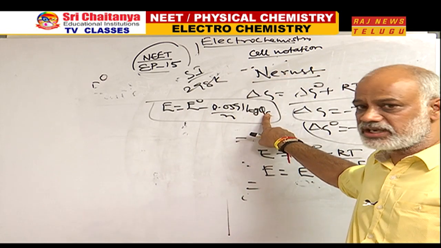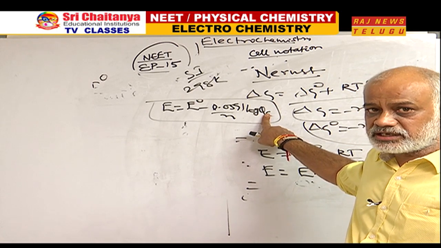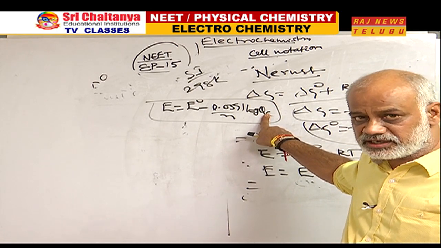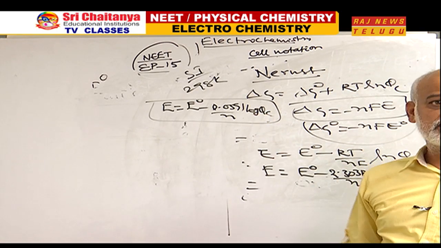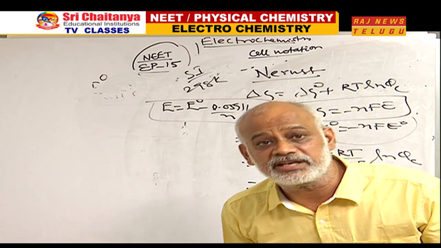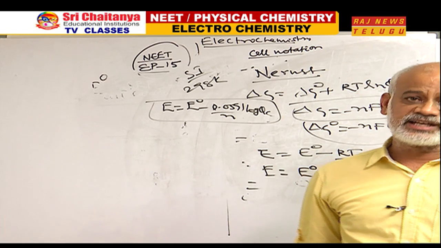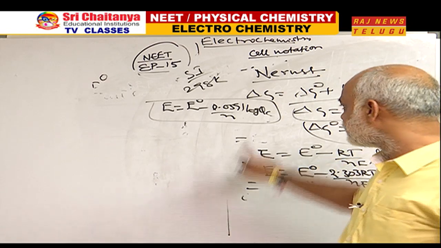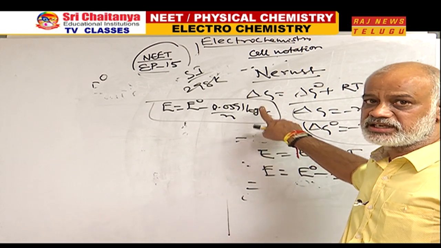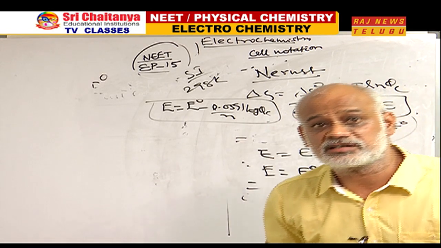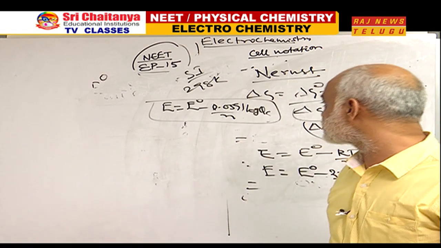What is QC? Product concentration by reactant concentration. QC is nothing but Kc at equilibrium. At any point of the reaction, it is QC. At equilibrium, it is called Kc. Whether it is QC or Kc, this should be always product concentration by reactant concentration.